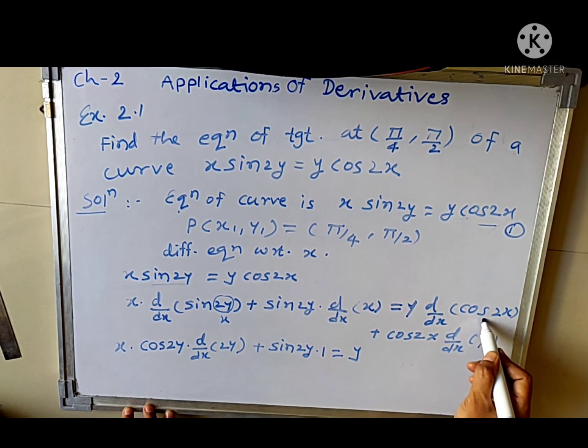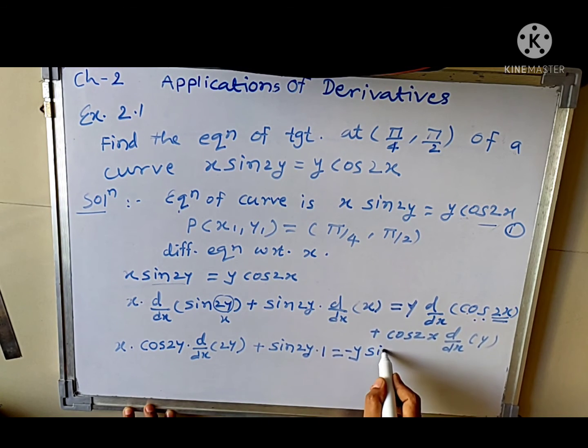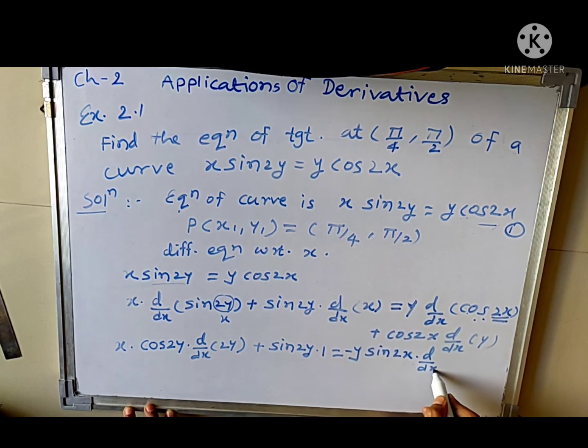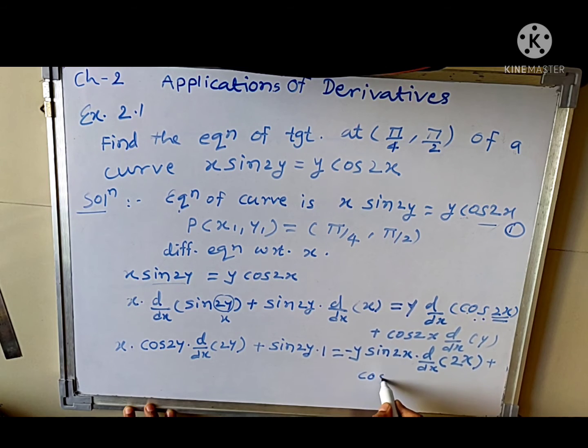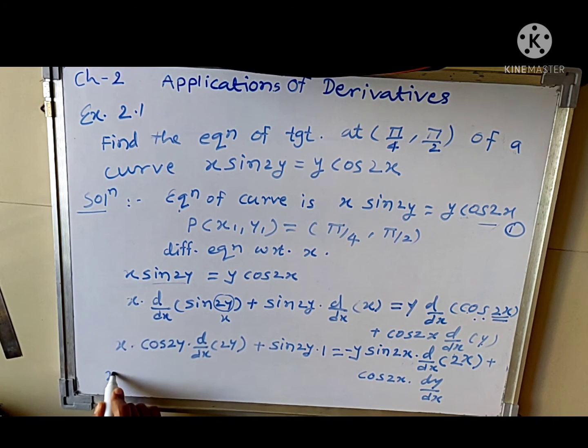Equal to y as it is. It is again a composite function. 2x you have to consider as x, therefore it becomes cos x. Derivative of cos x is minus sin x, but x means 2x, into d by dx of that function, plus cos 2x into derivative of y with respect to x, that is dy by dx. Now x as it is, cos 2y as it is.